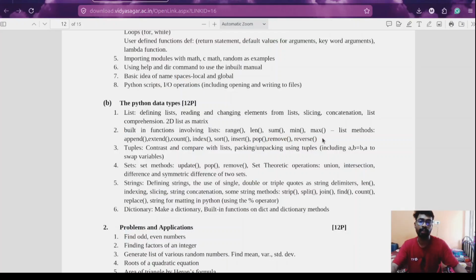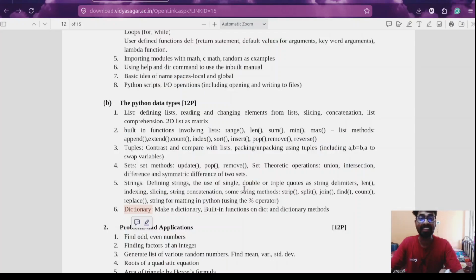All of these are very important functions that we will discuss one by one in detail. Next are tuples, how tuples are useful and how sets are useful. Also strings, which are very important, and fundamentally the dictionary. These are all the most important things.